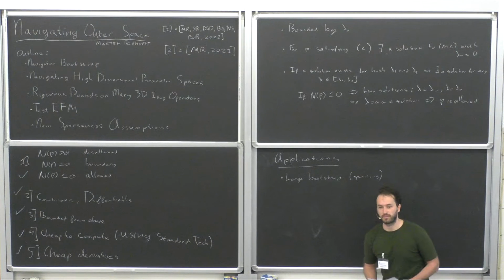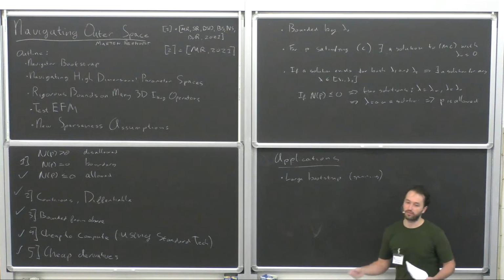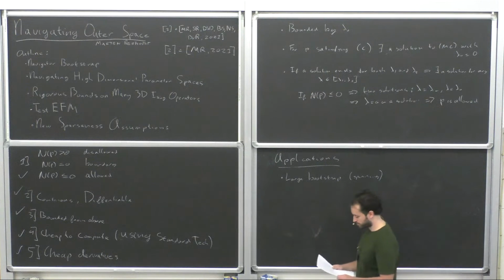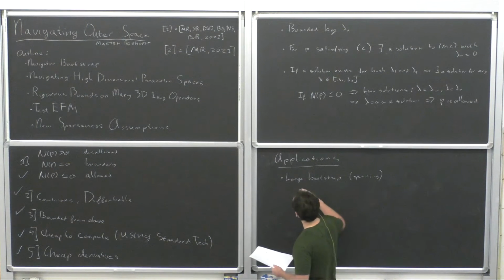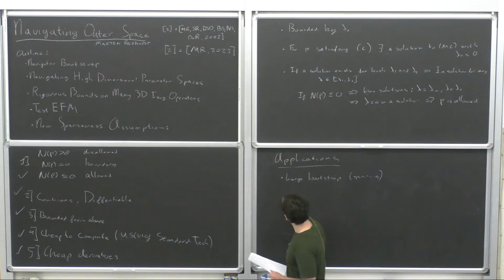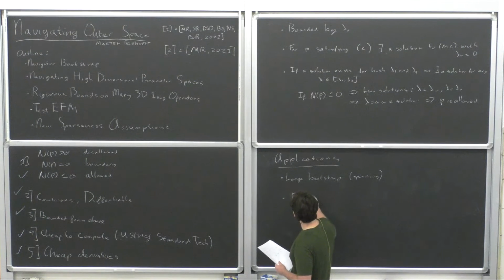You can consider mixed correlator systems of many more operators. And it really removes a bottleneck. Similarly, you can study families of CFTs.